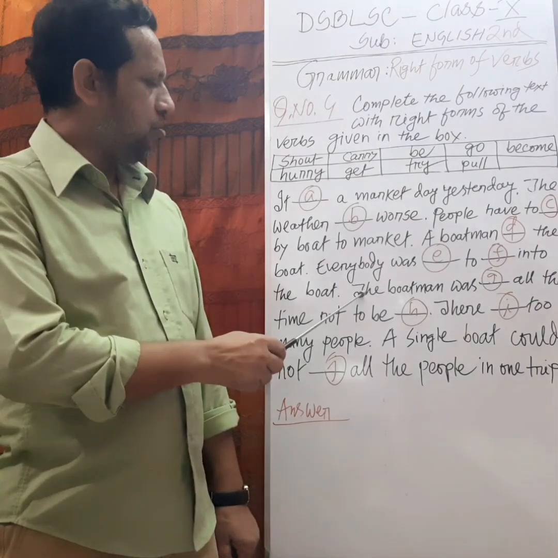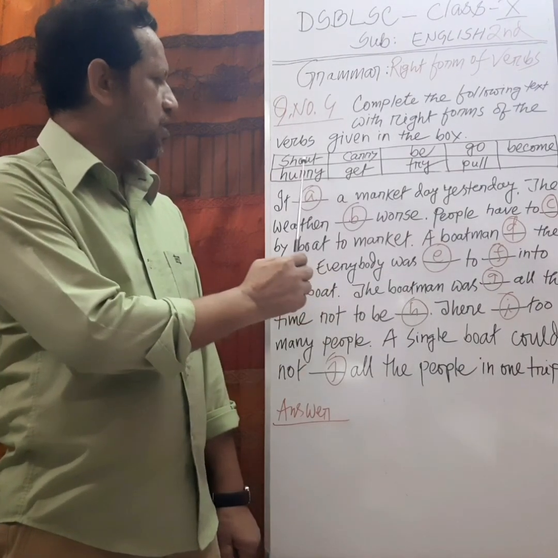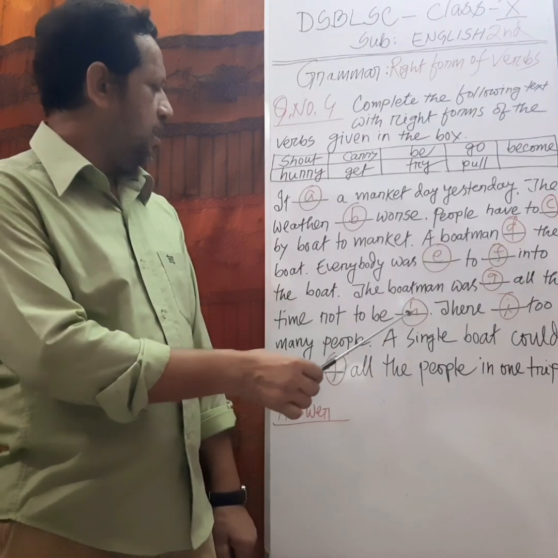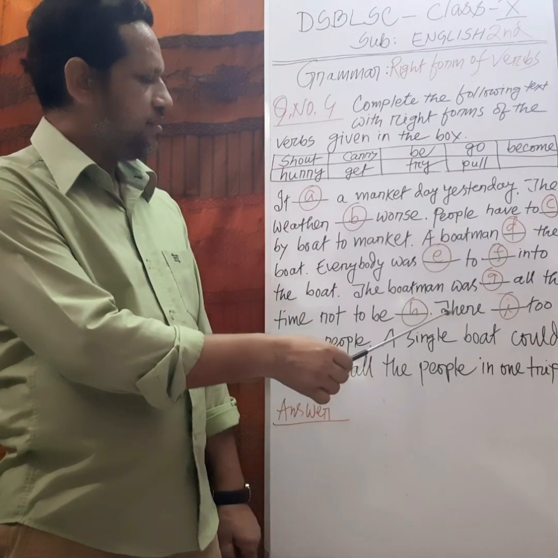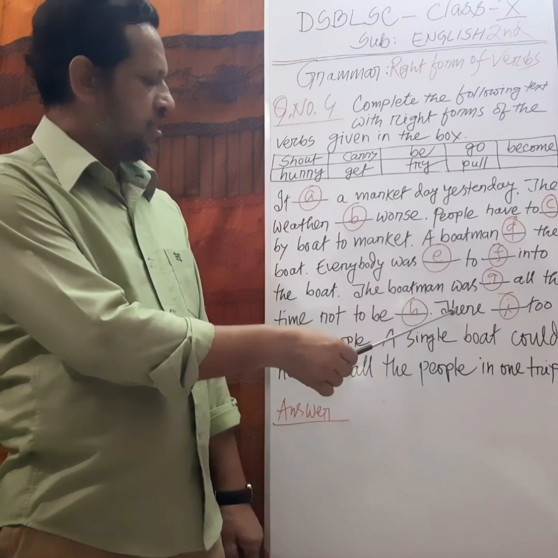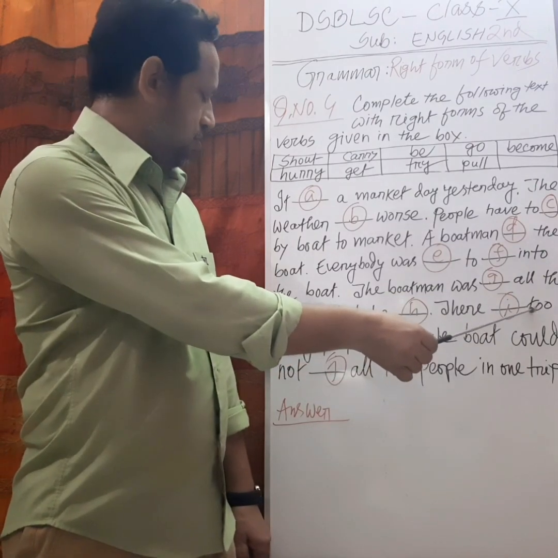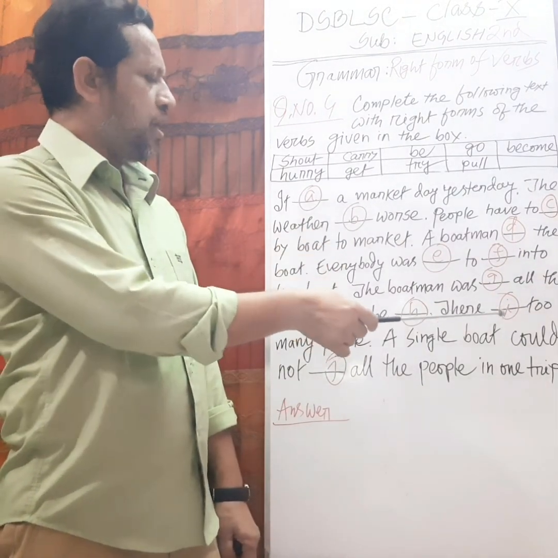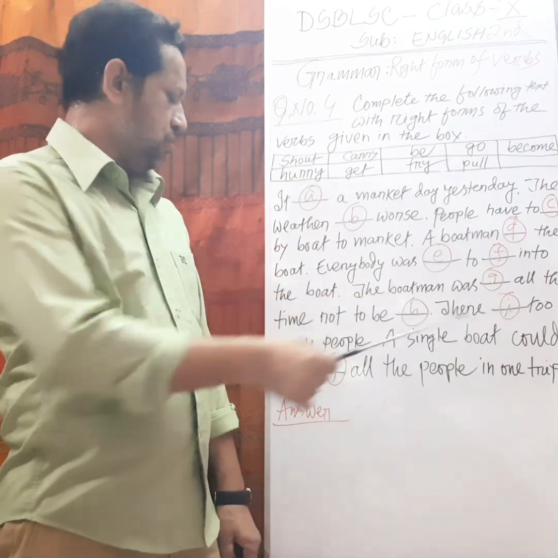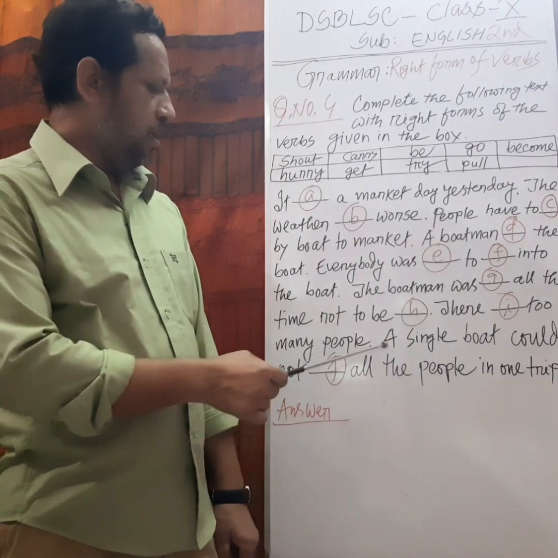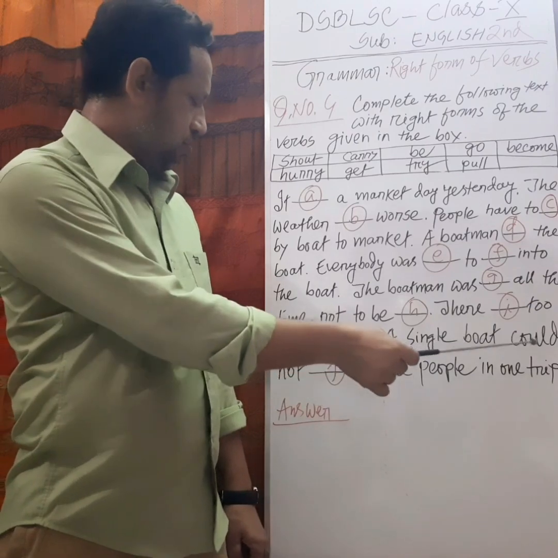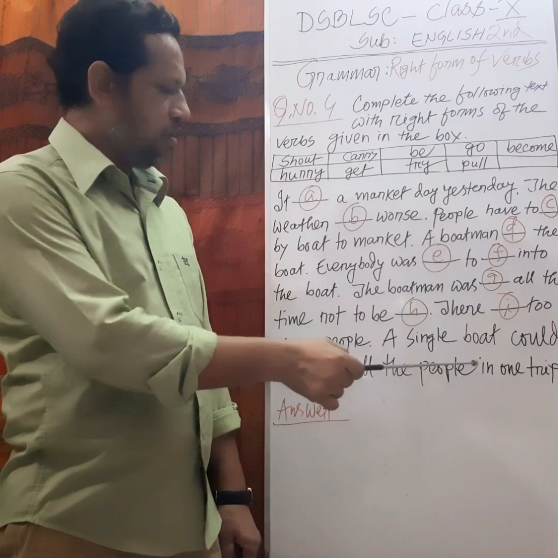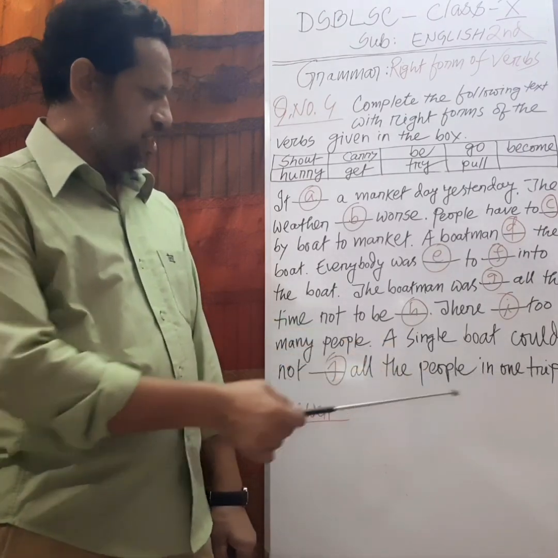So the boatman was shouting all the time not to be hurried. Then there gap too many people. There we can use were. There were too many people. A single boat couldn't carry all the people in one trip.